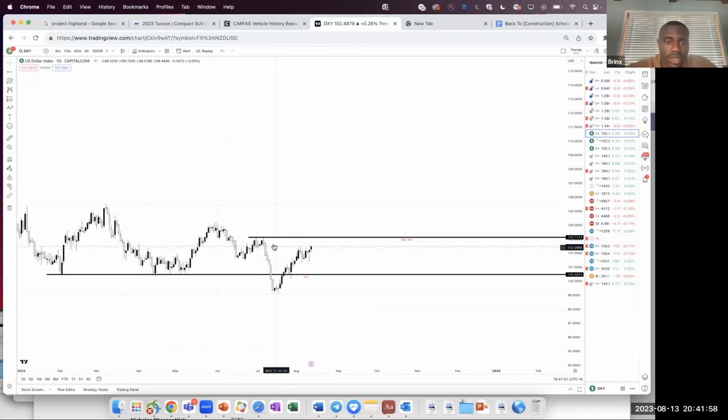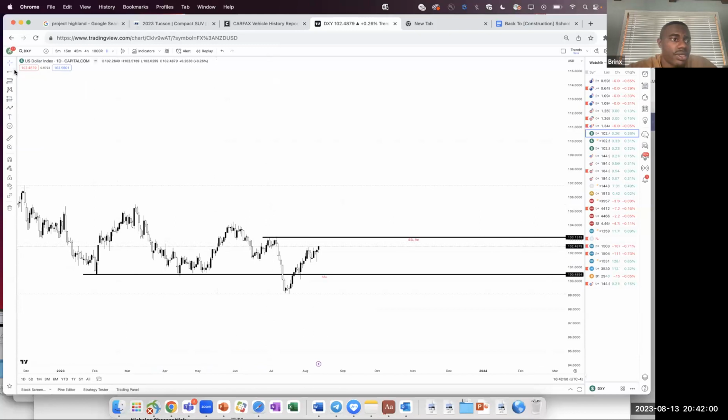If we break it down to the 4 hour time frame, there's a couple of things that I'm noticing here. The first one is this area of liquidity here.